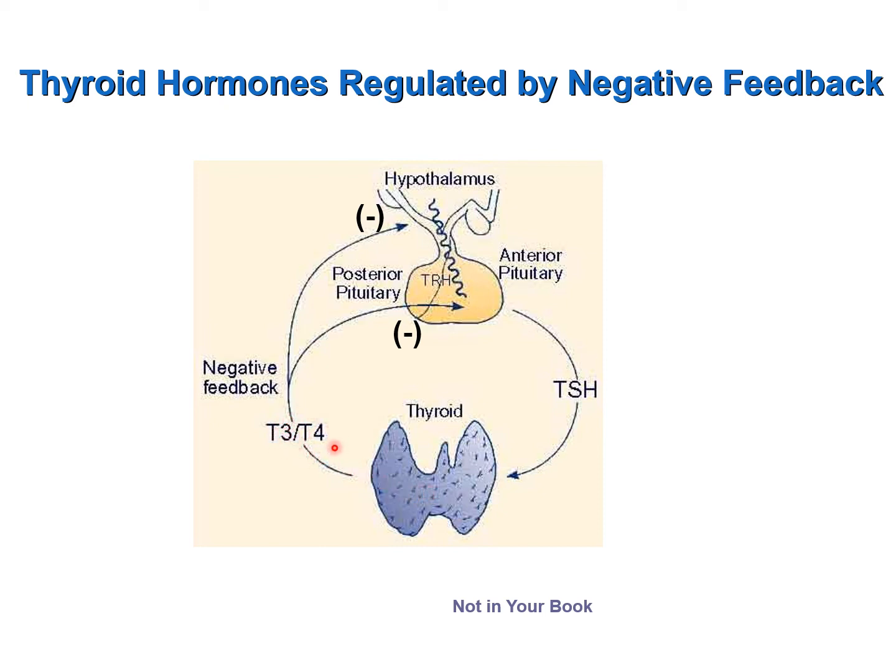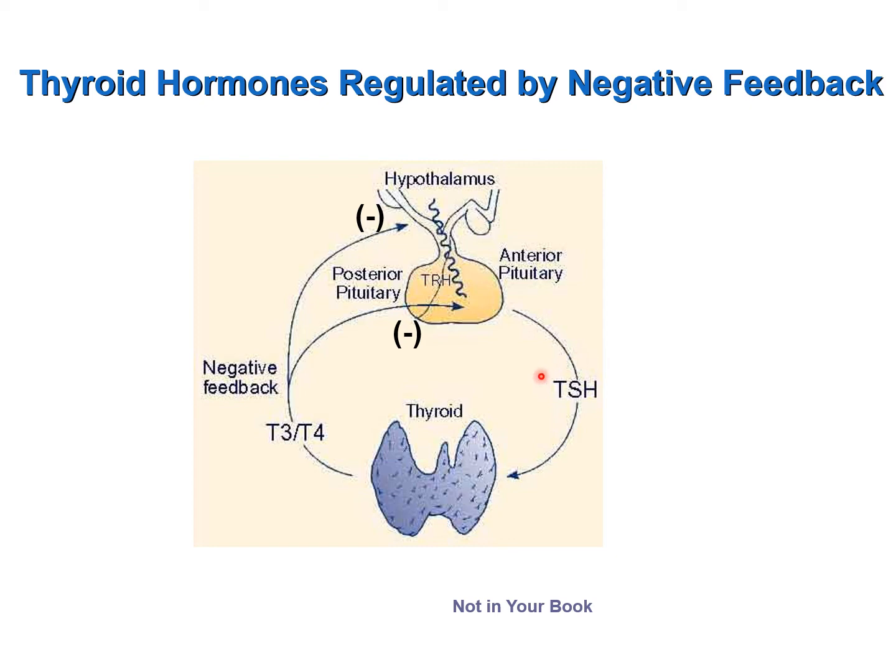As T3 and T4 levels in the blood rise, they inhibit further release of thyroid stimulating hormone, and they also inhibit further release of thyroid releasing hormone by the hypothalamus. Classic negative feedback.